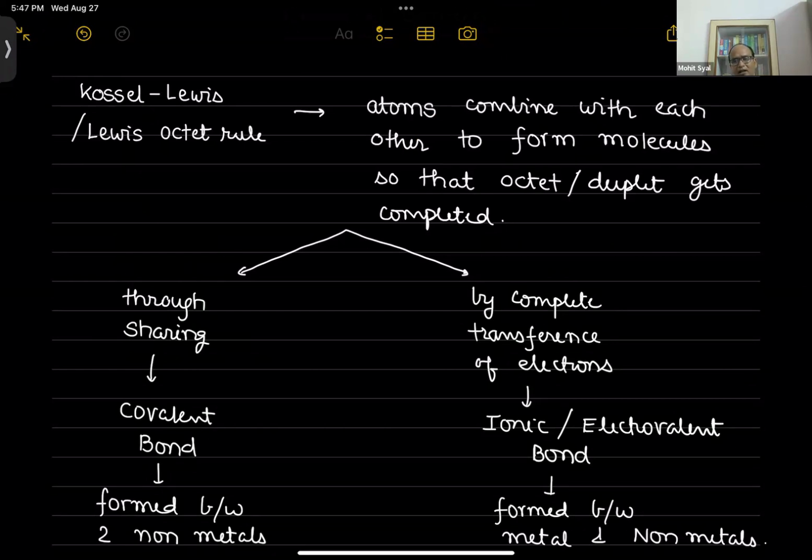Is completing the octet or duplet the ultimate criterion for bond formation, or may the actual reason be something else?